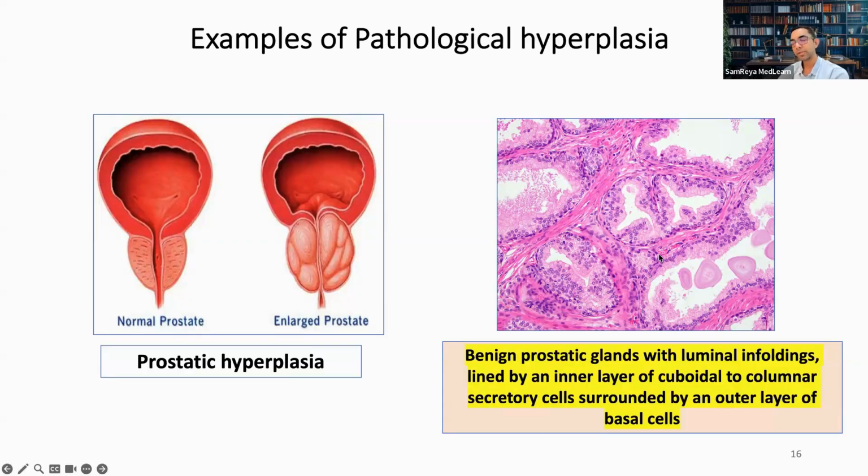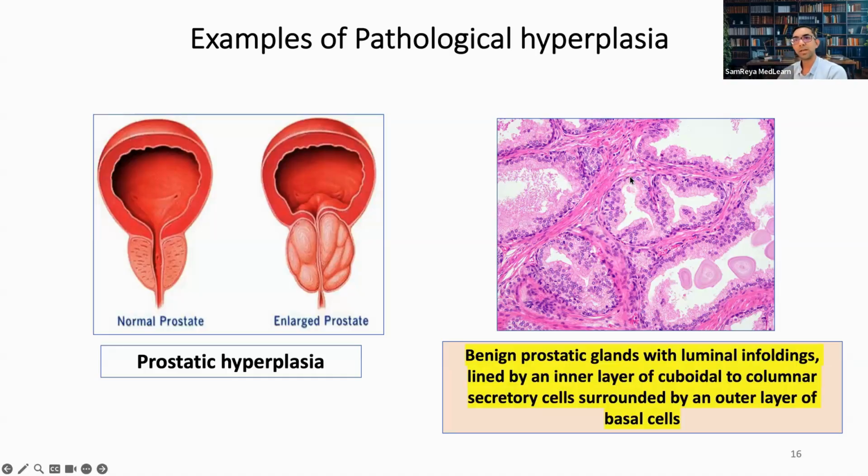Prostate glands, if you remember your histology now, which is important, are lined by two layers of cells. One is a basal layer, another is the luminal layer, and one is cuboidal, another is columnar, right? You see both layers inside these cells.